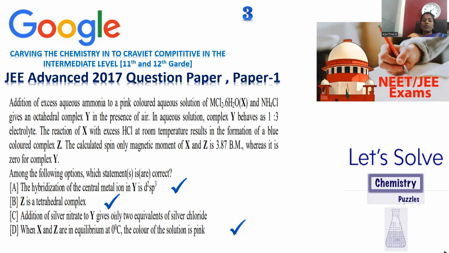Two equivalents is the wrong number. Three equivalents of silver chloride will be formed because three chlorides are free. So option C is wrong, and it is not marked with a tick.